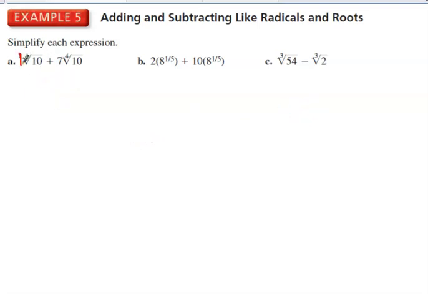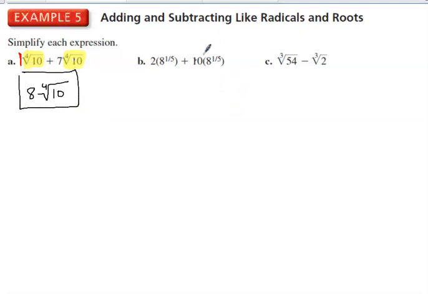I have one of them, and now I'm adding 7 more of them. If I have one of that 4th root of 10, and I'm adding 7 more of that same thing, what I have is 8 of those 4th roots of 10. If you try and factor 10, you'll get 5 times 2. We're not able to make any pairs, so this is as simple as it gets.